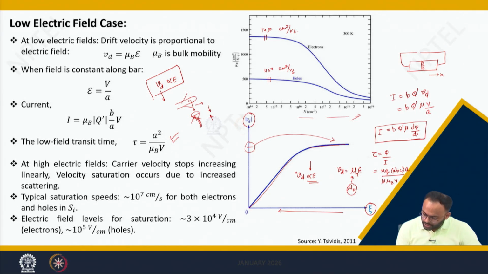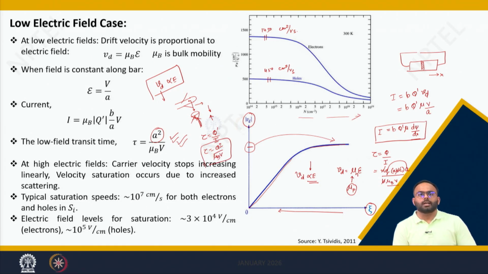If you see that this B and B get cancelled, this becomes A square and this becomes Q dash, N into Q into C, and mu B into V. So you will get tau is equal to Q by I. Ultimately Q dash will get cancelled and you will get A square by mu B into V. This is the transit time related to the drift phenomena.